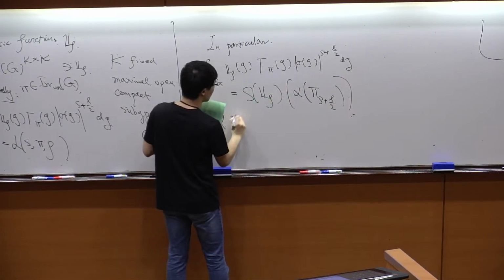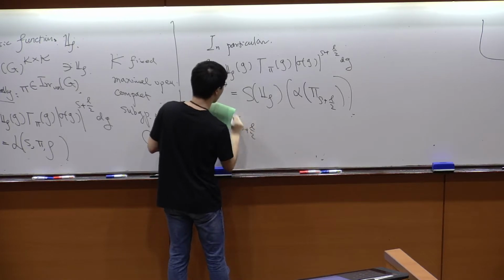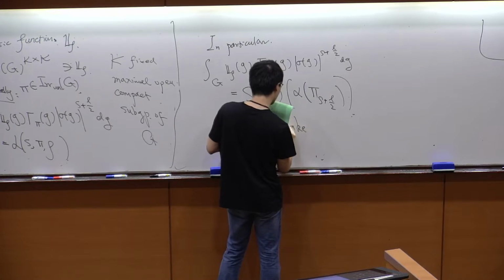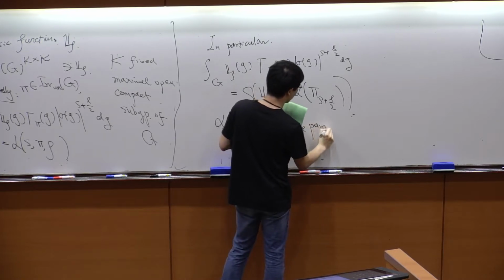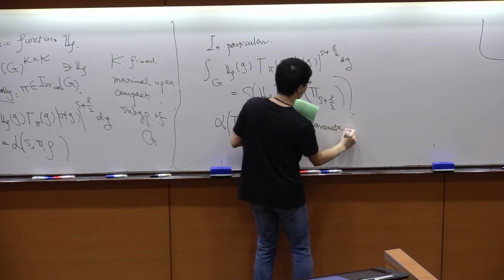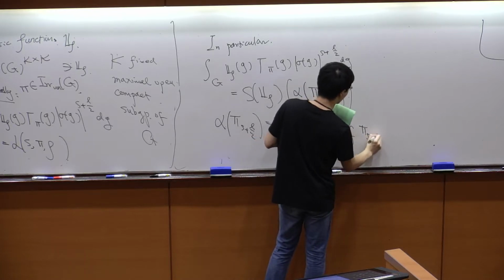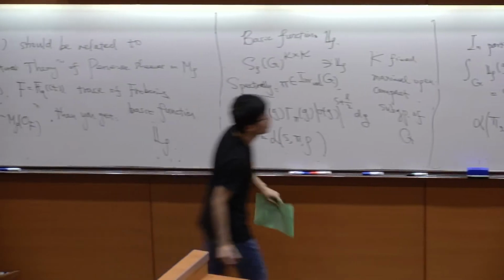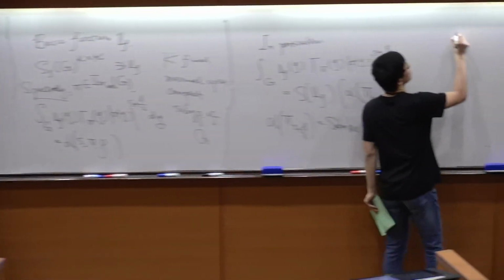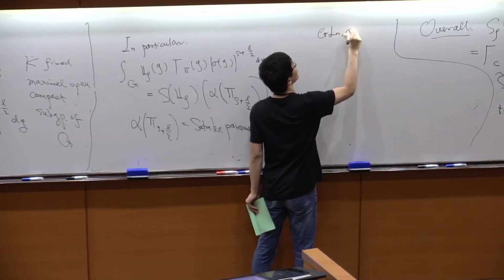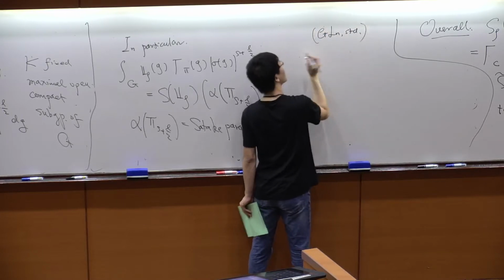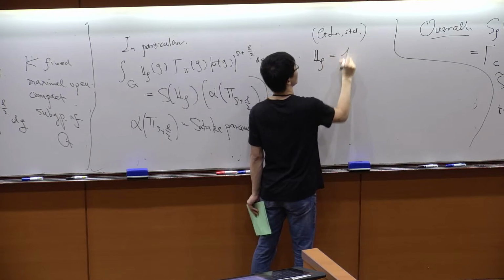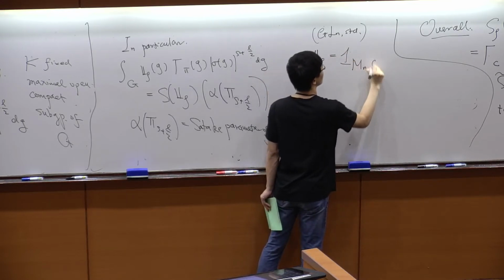Here alpha of pi, s plus L over 2 is the Satake parameter of the representation. Okay. In particular, in the standard case, the basic function is just the characteristic function of the integer points.